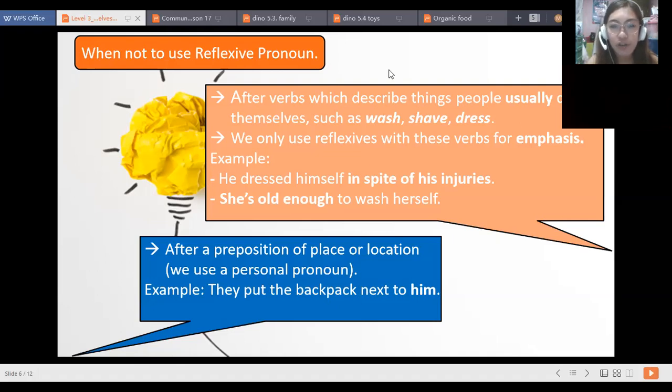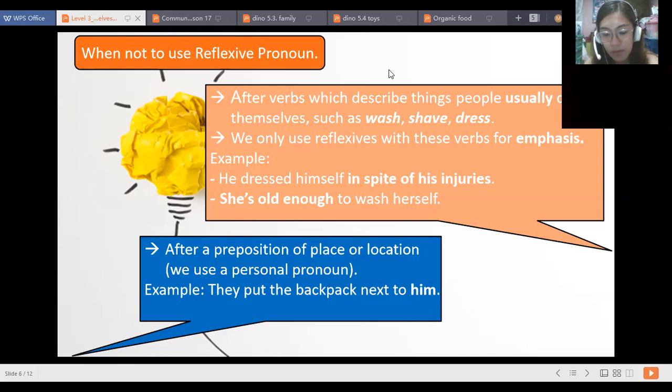Can you read after verbs? After verbs which describe things people usually do for themselves, such as wash, shave, dress, we only use reflexives with these verbs for emphasis.